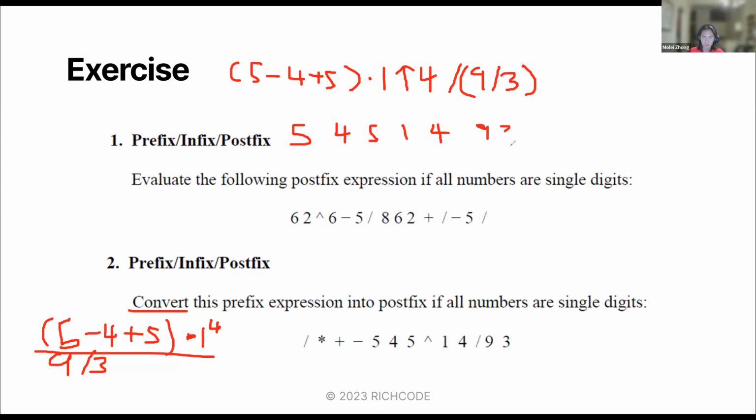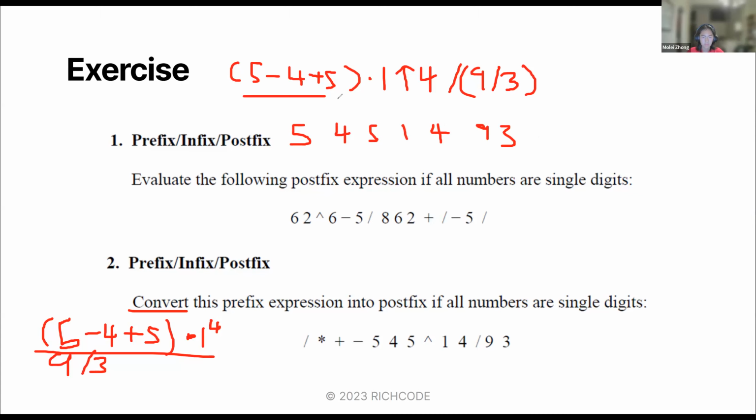And just working from left to right, let's do the parentheses first. So let's work on this one: 5 minus 4 plus 5. Starting with 5 minus 4, we'll take the minus and put it after, since this is postfix notation.